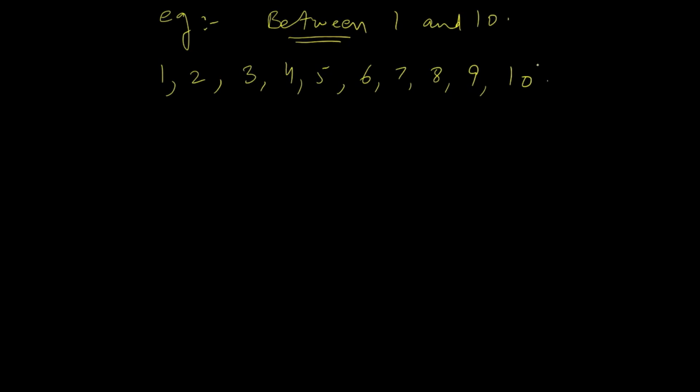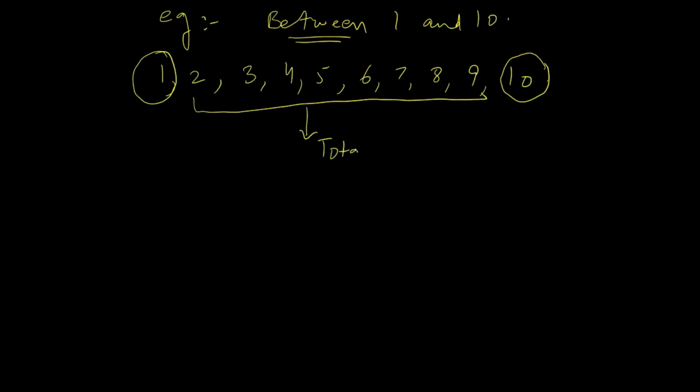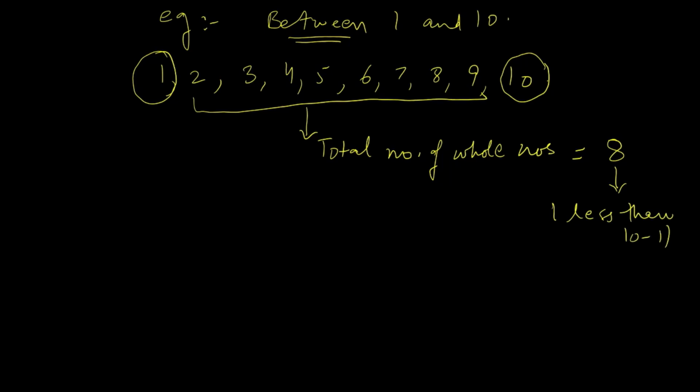Now we require only whole numbers which are lying between 1 and 10. So we will not include 1 and 10 itself. Hence, our total number of whole numbers is 8, which is actually 1 less than the difference of 10 and 1, which is 9.